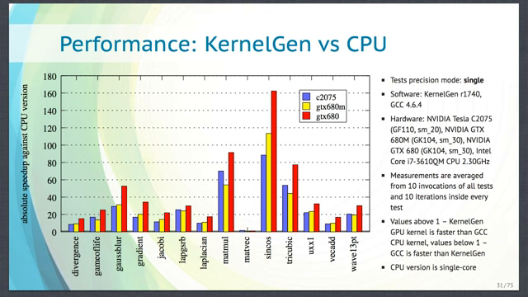Just for reference, we also have performance charts against CPU, but they are not so important, I believe, so just some big numbers against CPU version in single core, just for reference, that we are doing something, we have some correct numbers.